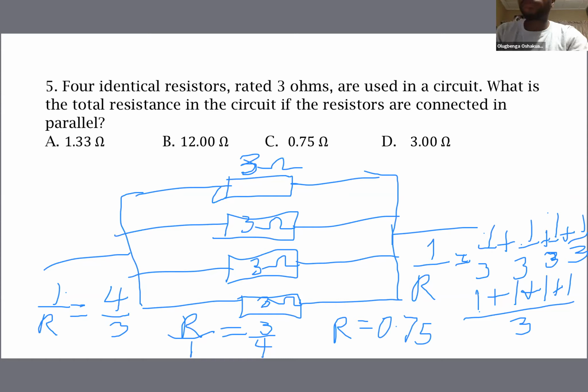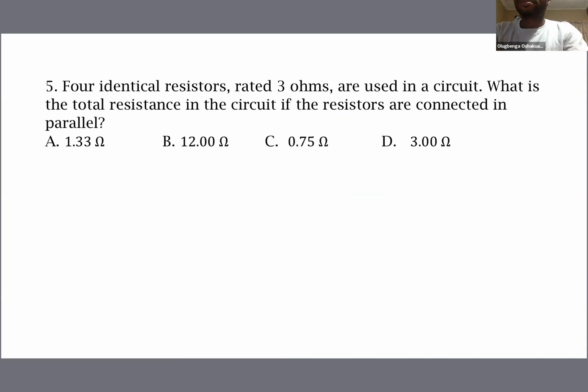We can say 0.75 ohms. And that takes us to the third option we have here. If you attempt to handle the resistors as if they are in series, you would find yourself with option B. So just like I said, there is no redundant option there. So let's move ahead.